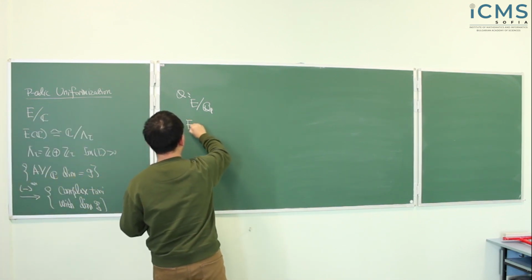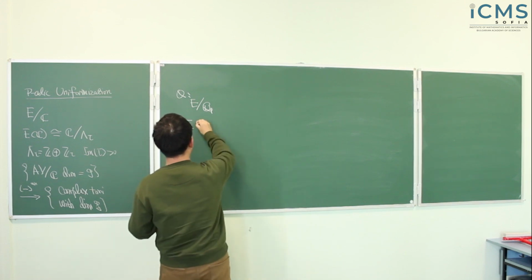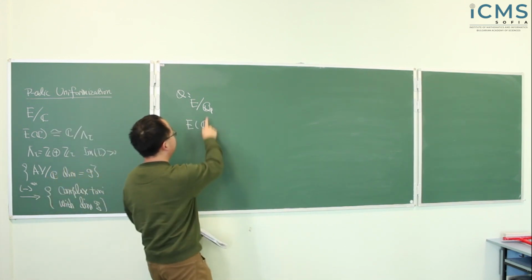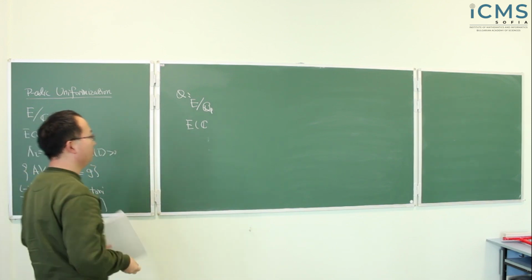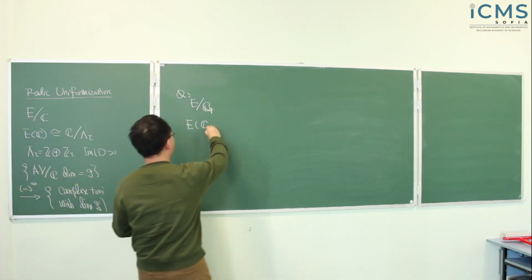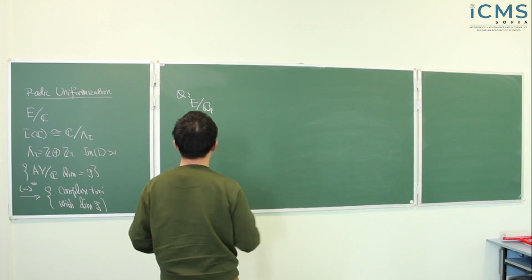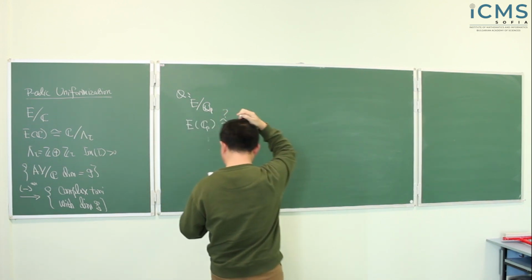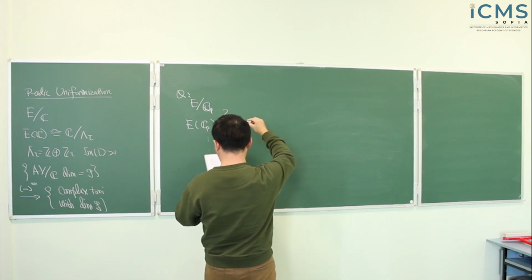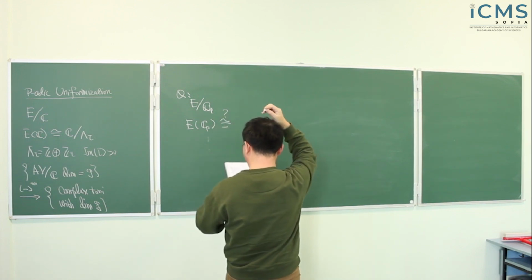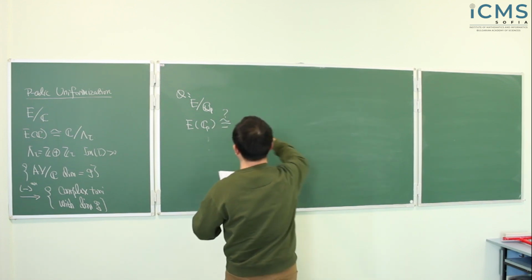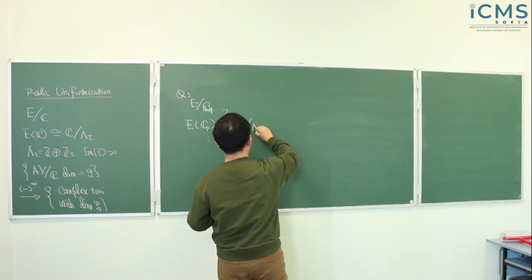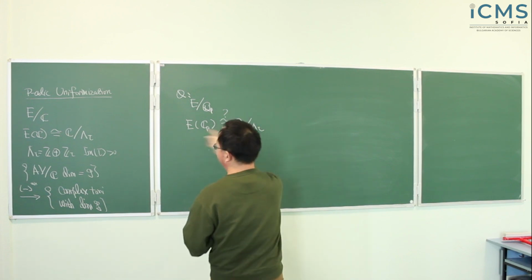We take the C_p points, or actually any finite extension of Q_p, and ask whether we can find an isomorphism with C_p modulo a lattice inside C_p. It is similar to that.